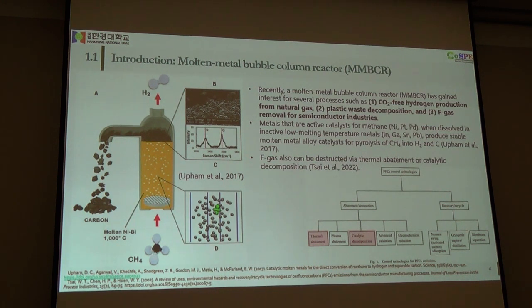But nowadays, because of developments in the catalyst field, like mixing some high activity metal into a low melting temperature metal, we can easily decompose methane into hydrogen and carbon. And in a similar way, the destruction of F-gas can also be done.